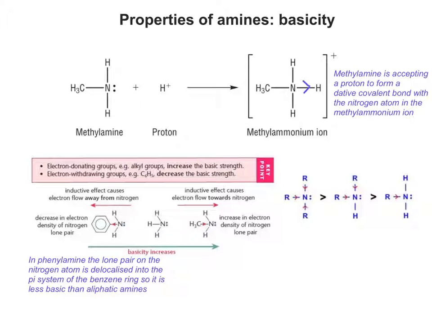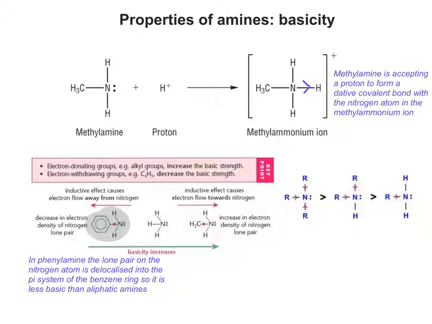So in phenylamine, this structure here, the lone pair on the nitrogen atom is delocalized into the pi system of the benzene ring, in the same way that the lone pair on the oxygen in an OH group, as part of a phenol functional group, is also delocalized into the pi system of the benzene ring. So that makes the lone pair less available.